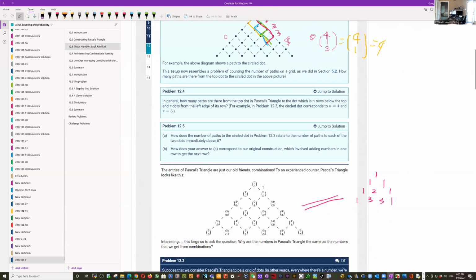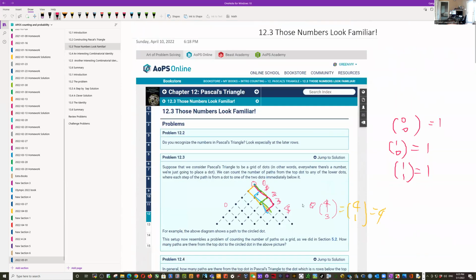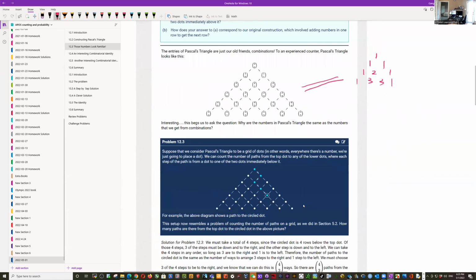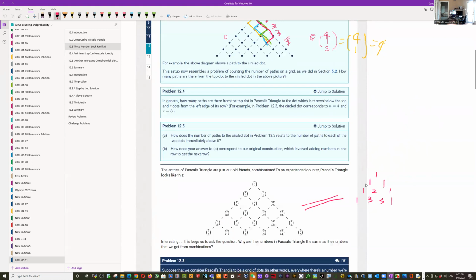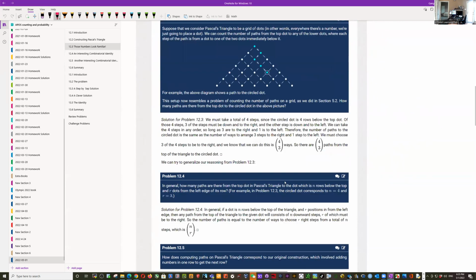A lot of the time it was written in the binomial coefficient format, and we can also write it in the normal format. The normal format is just 1; 1, 1; 1, 2, 1; 1, 3, 3, 1. Those are equivalent.